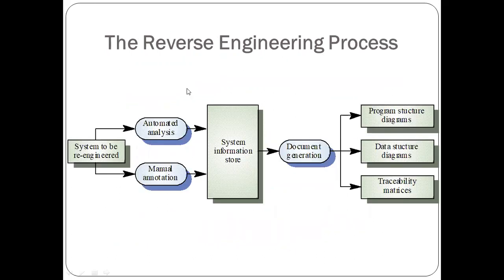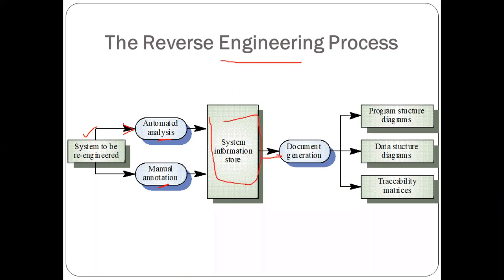Now, just see this particular reverse engineering process here, how it goes. Whatever the system to be re-engineered is, because the re-engineering process involves reverse engineering, the system is worked on for automated analysis and manual annotations. Then all the system information is stored in the database.